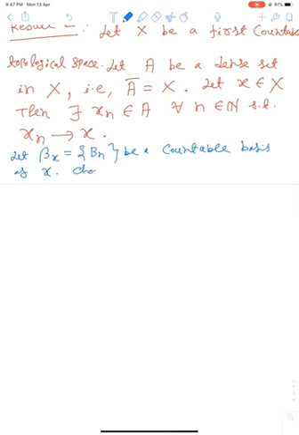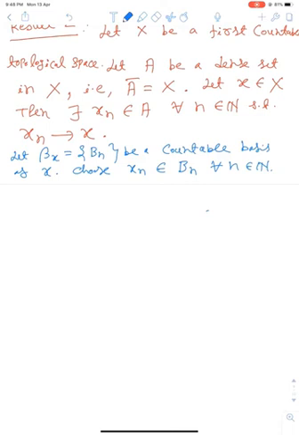Now choose x_n belonging to B_n for all n. Then if you choose any open set containing x, that open set should contain some B_n, that means it should contain some point x_n, that means x_n converges to x.